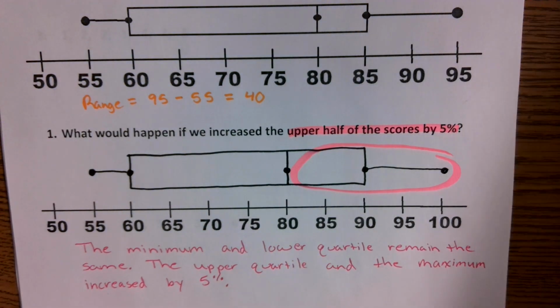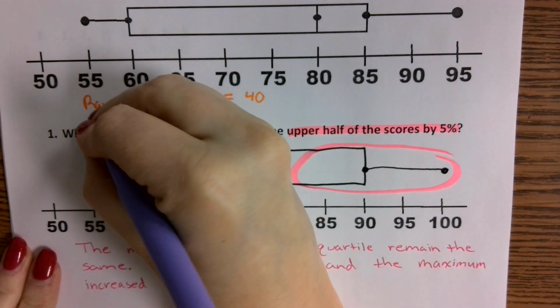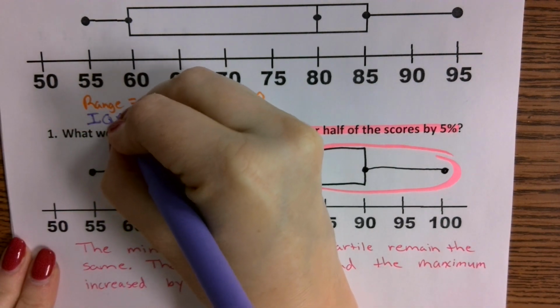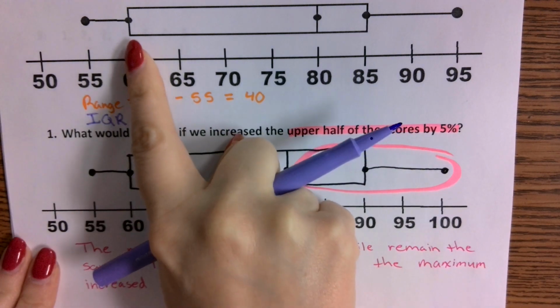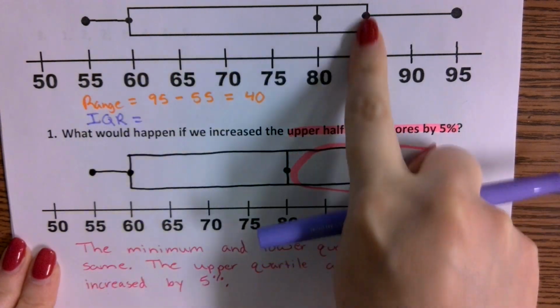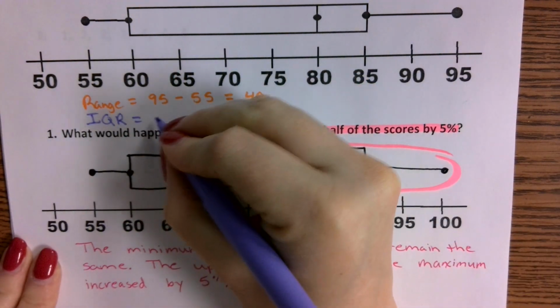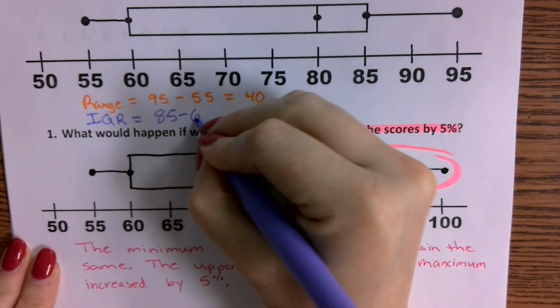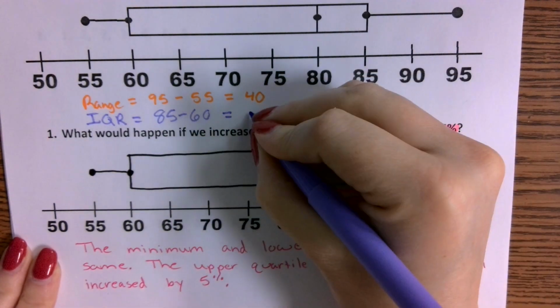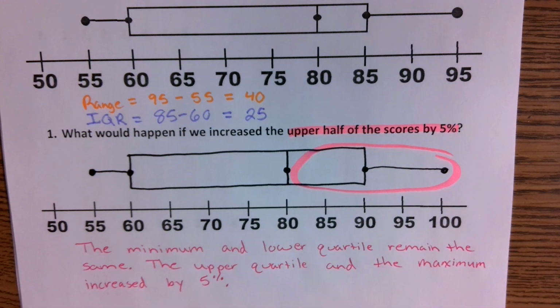And my interquartile range, my IQR, so to go from 60 to 85. So if I do 85 minus 60, my interquartile range is 25. That's what my original data has me showing.